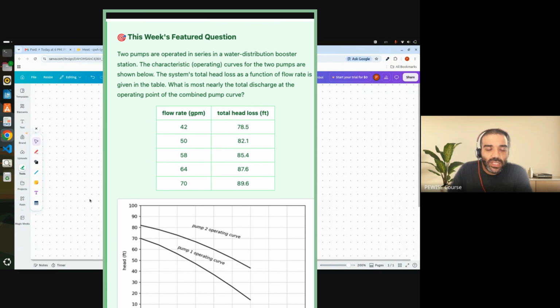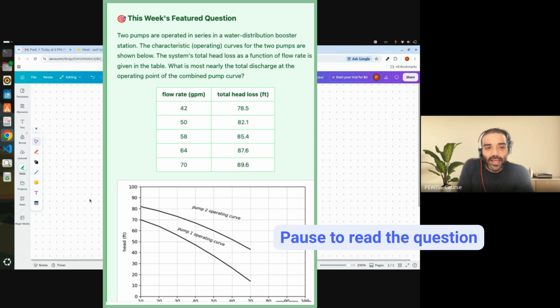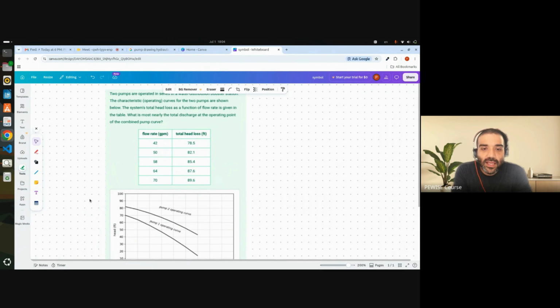This week the question is about pumps in series and determining the total discharge. Each pump creates a head, and you also have a head loss depending on how much flow you have through that pump and depending on the setup.